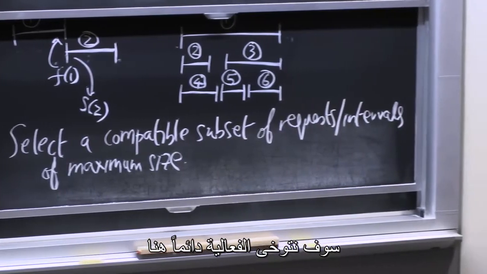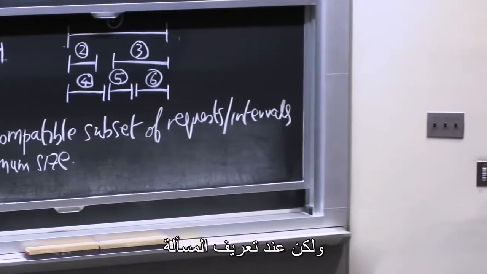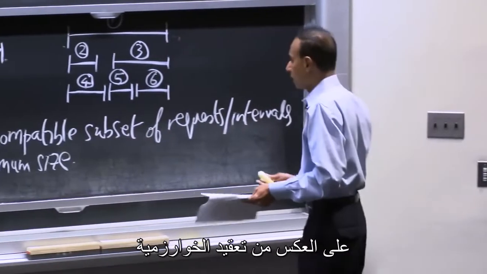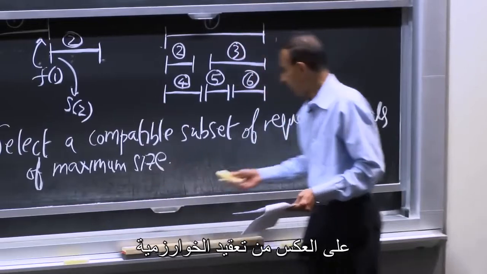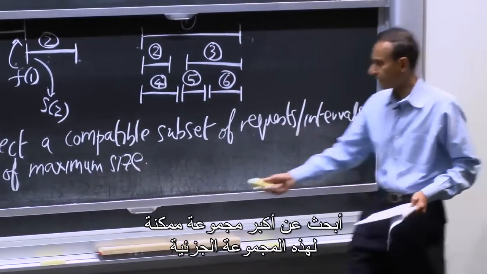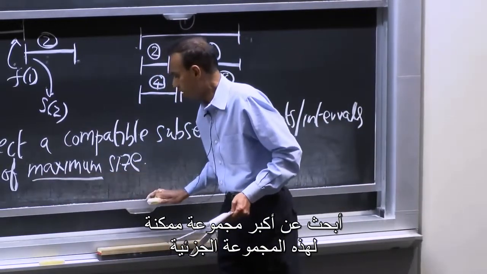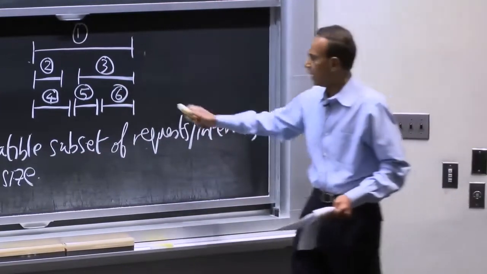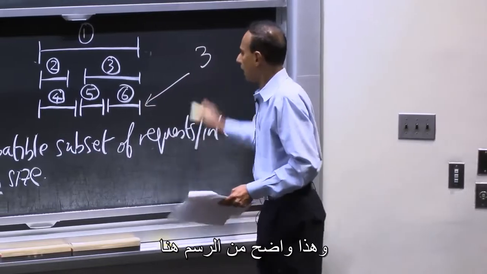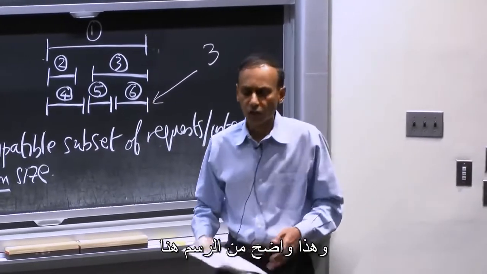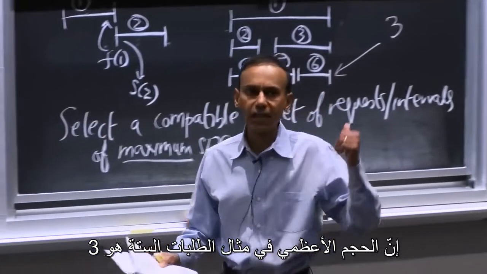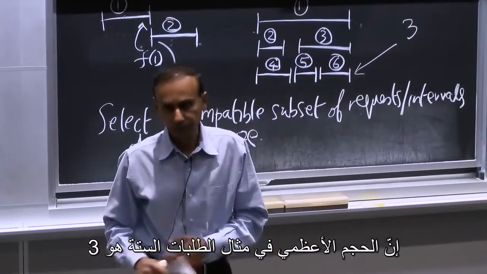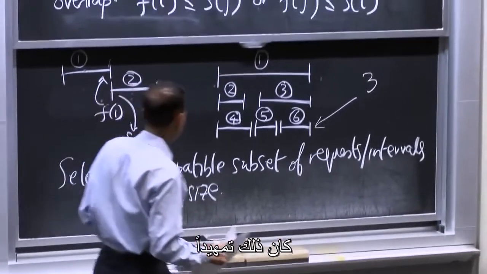So we'll always consider efficiency here, but in terms of the specification of the problem, as opposed to a requirement on the complexity of the algorithm, I want maximum size for this subset. So as I mentioned earlier, in this case, it is clear from the drawing that the maximum size for that 6 request example that I have is 3. Okay? So that's the setup.